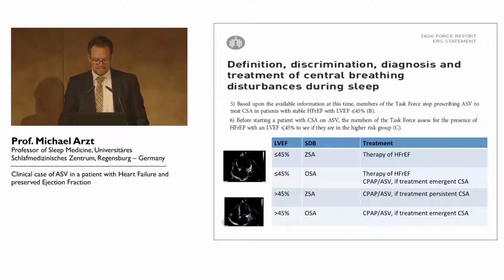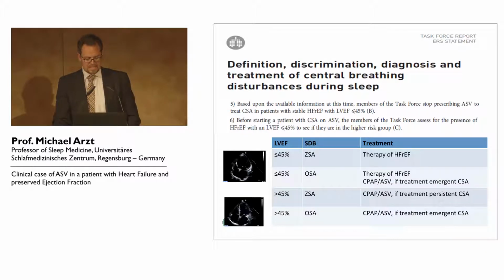When the ejection fraction is reduced and we have central sleep apnea, treatment is treatment of heart failure. In some exceptions with excessive symptoms, we might try other forms of positive airway pressure or something else. When we have obstructive sleep apnea, we can do our treatment decision as we did before, and the same is the case when the ejection fraction is above 45.